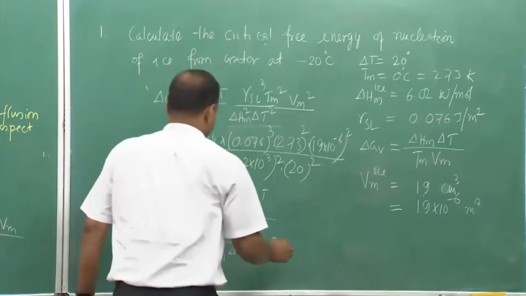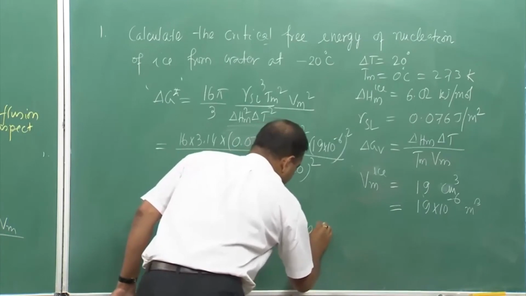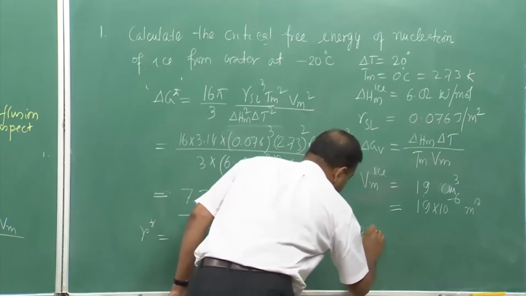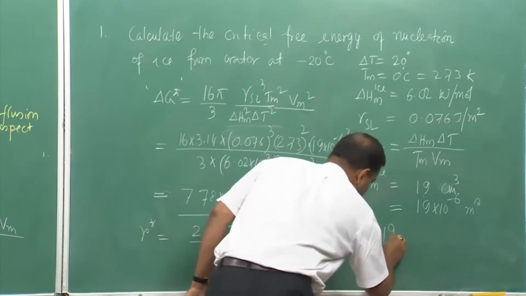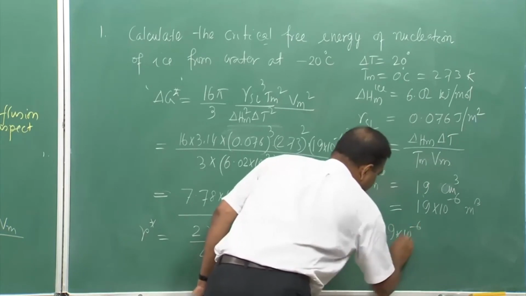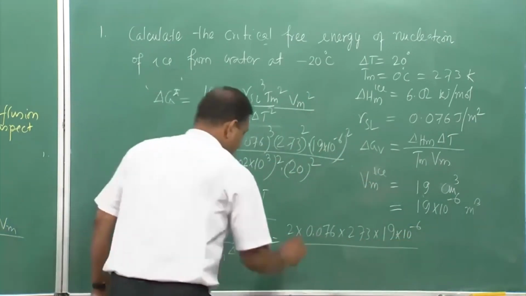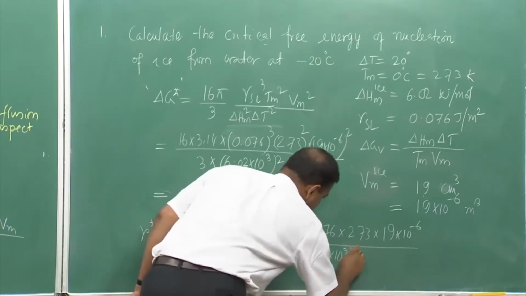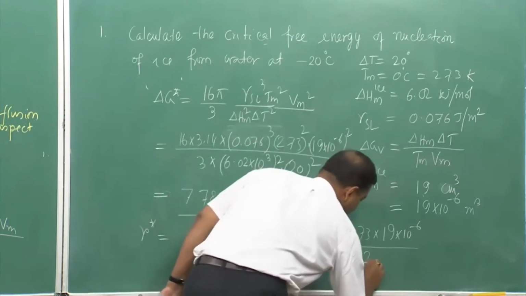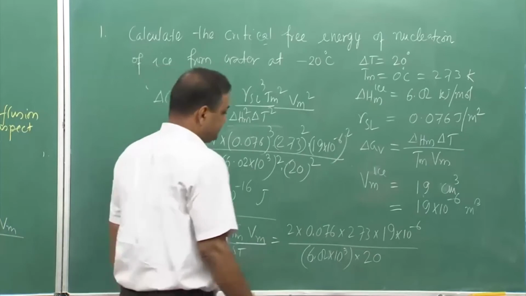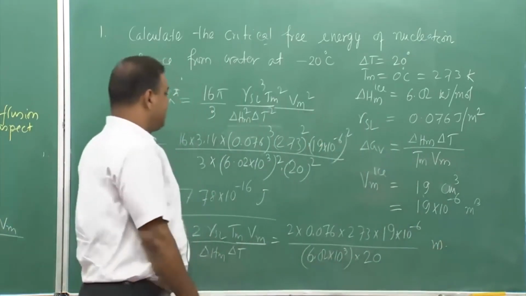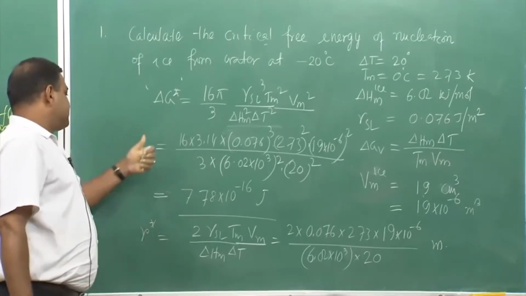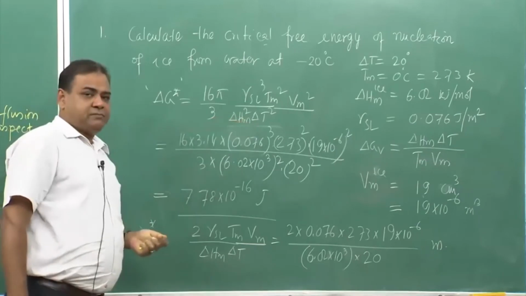So, it would be 2 into 0.076 into 273 into 19 into 10 to the power minus 6 divided by the denominator, and you can get R. That time this will be in meter. So, this is one simple example. We can calculate delta G star using that simple expression.